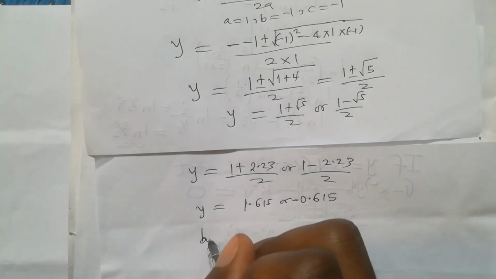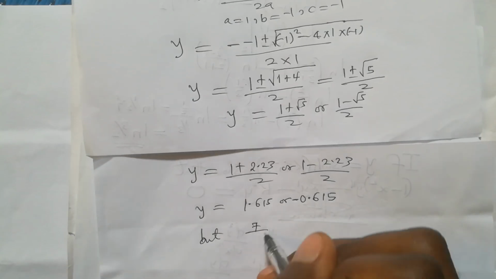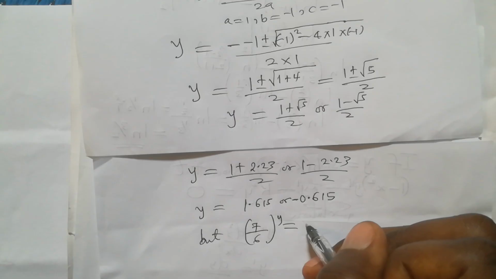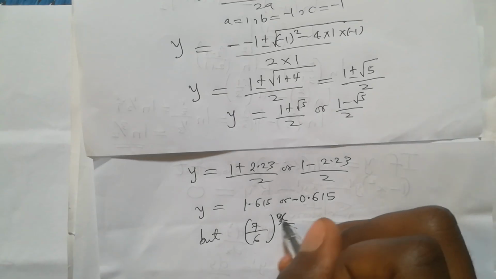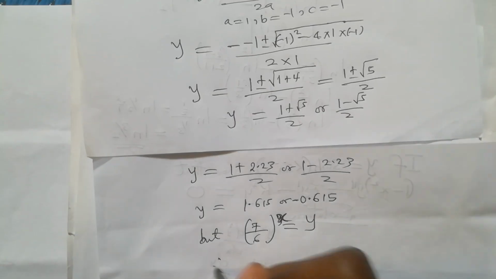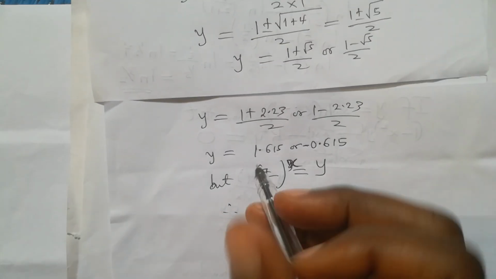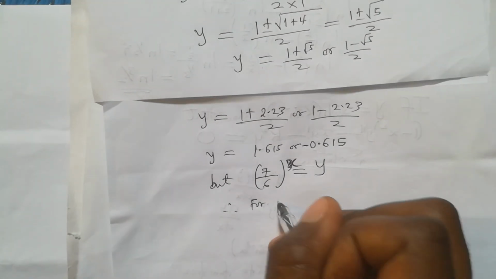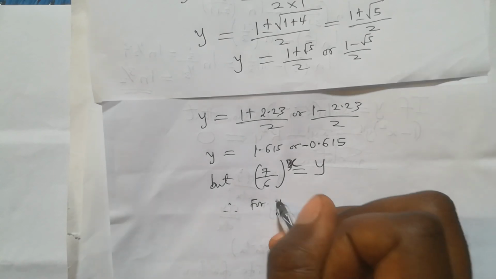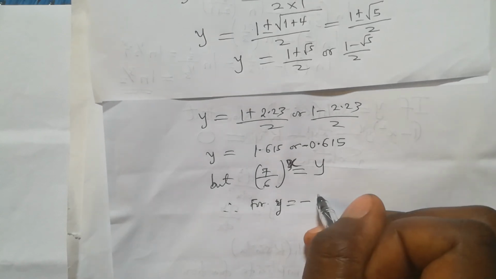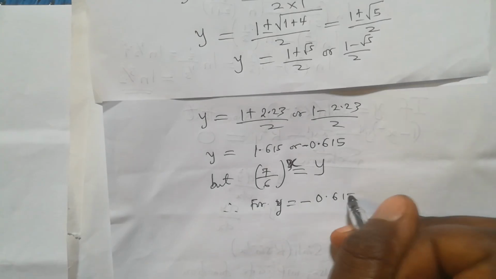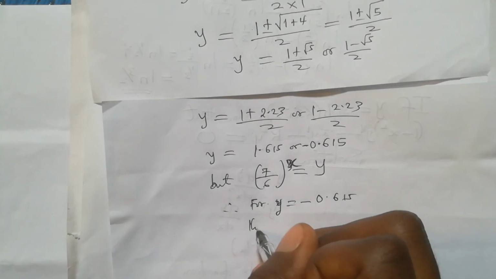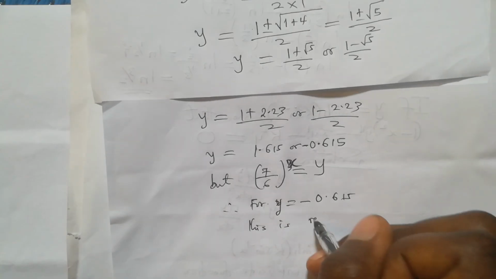But we know that 7 over 6 to the power of x is equal to y. So therefore, for y is equal to minus 0.615, this is rejected.